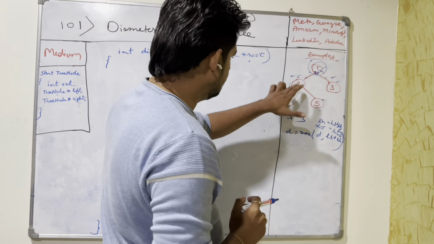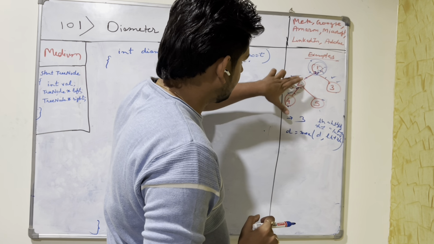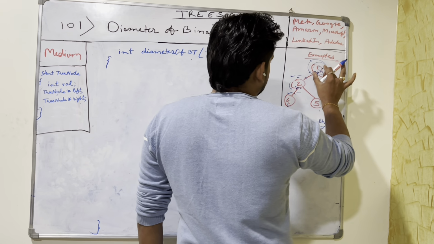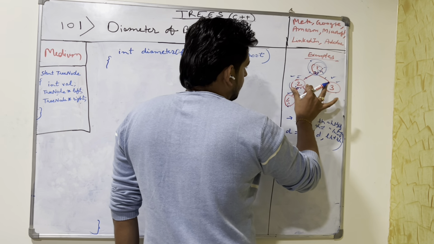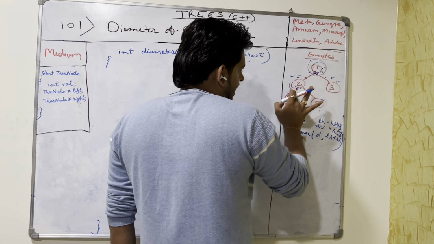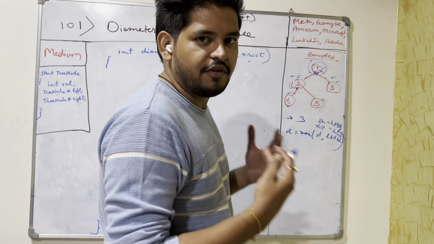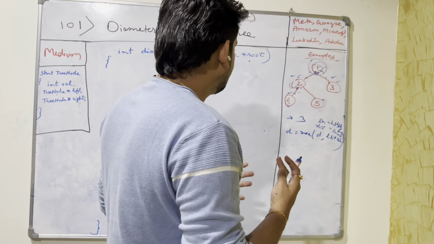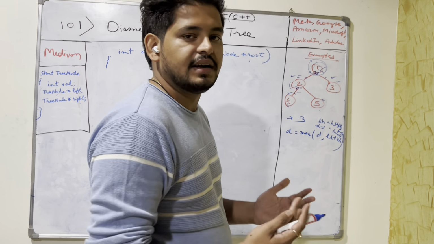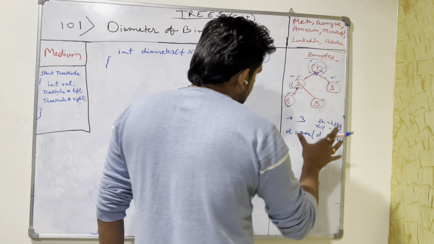Suppose it is 2, so the left height is 2, with nodes 1, 2. Now once I have found this, if I go here, why do I need to find the left height for this one again? I have gone here, so the left height will be reduced by 1. We have already found it. So finding it again is a repetitive, redundant task, right?